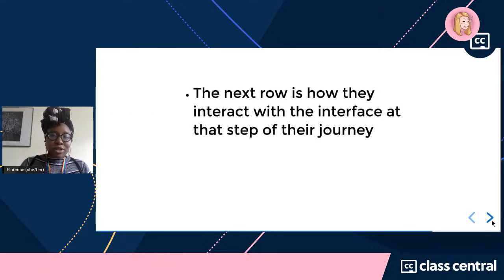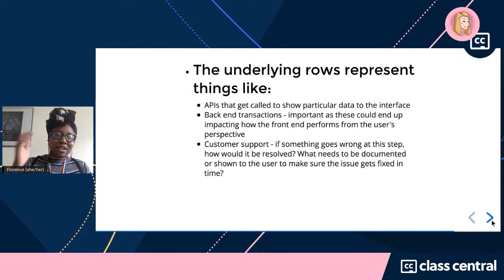So as I said, the top row is all about what they actually do. Then the next row is about how they interact with the interface at each step of the journey. And then underneath that, you want to show things like what the API calls are, what the backend transactions are, and what other information is there, who else is needed.